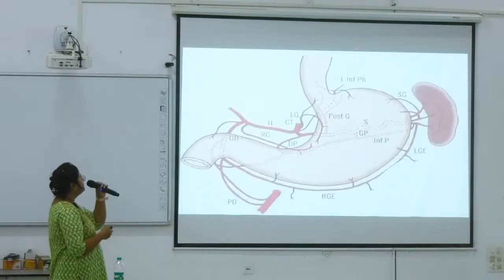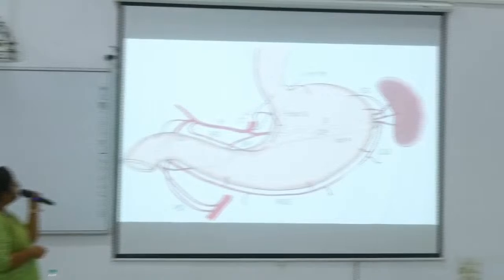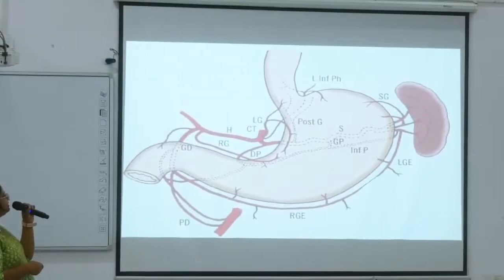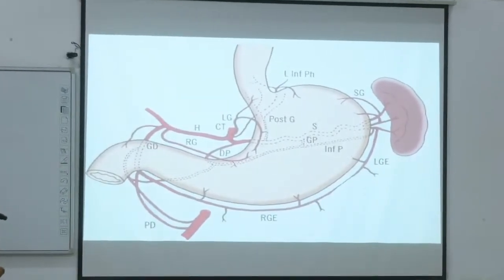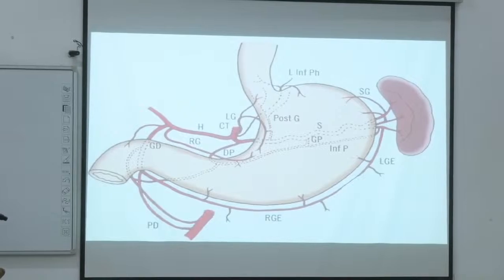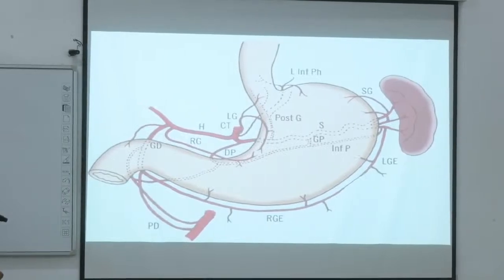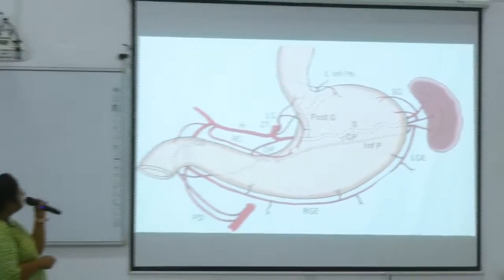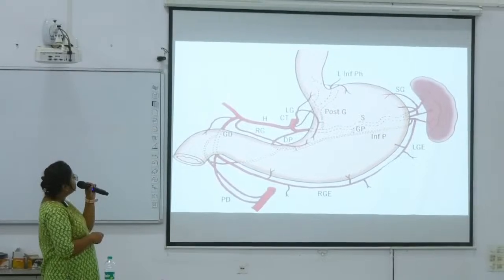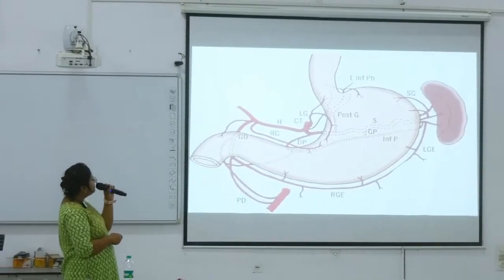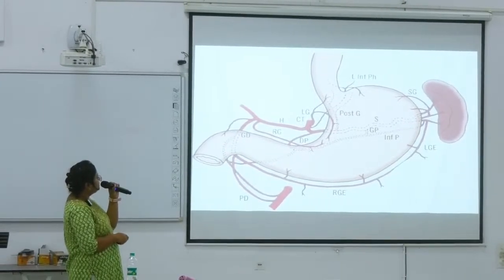See, these are the branches. This is the celiac trunk. From here, three branches are coming out. This is the left gastric artery. This is the common hepatic, giving the hepatic artery proper, the gastroduodenal artery and the right gastric.